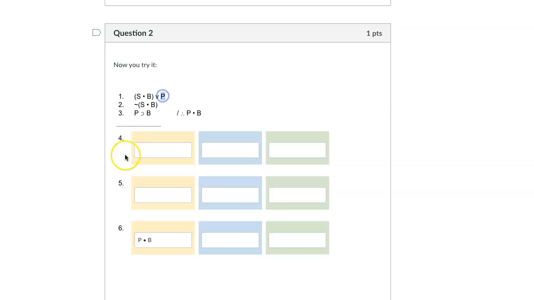I also see P is up here. P is part of a disjunction, and I know that disjunctive syllogism is a way that I can get one of the disjuncts on its own line, if I have the negation of the other disjunct, and I do. So I can get P on its own line, citing lines 1 and 2, and the rule disjunctive syllogism.